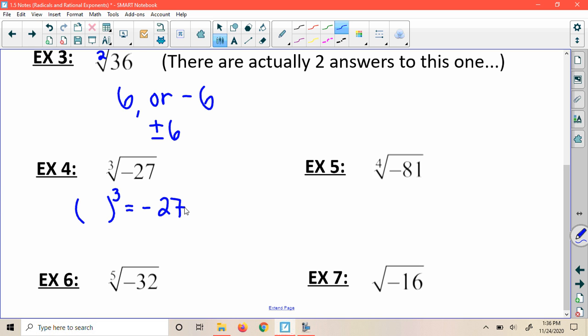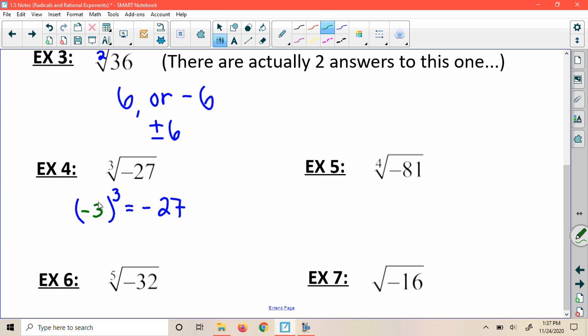If you're exploring on your calculator and you're doing different things to the third power, I'd highly suggest, remember those parentheses are important and we talked about it in our last video, but get those parentheses around the number so your calculator will give you the correct answer. So after a minute of exploring, kids in the class were like, oh, it's negative 3 to the third power equals negative 27.